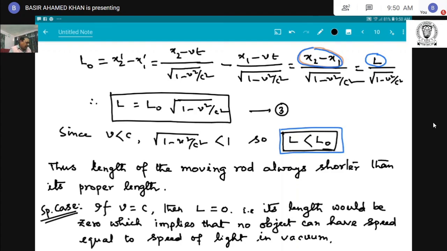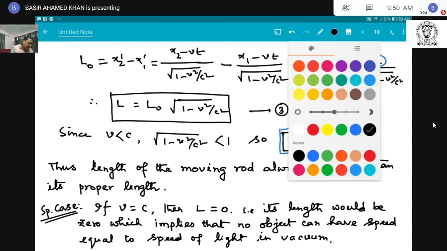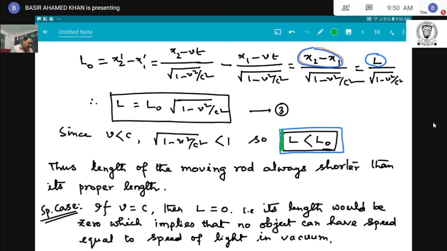Therefore, L equals L0 times root of 1 minus v square by c square. Now, since v is less than c, root of 1 minus v square by c square is less than 1. So L is always less than L0. Thus, the length of a moving rod is always shorter than its proper length.